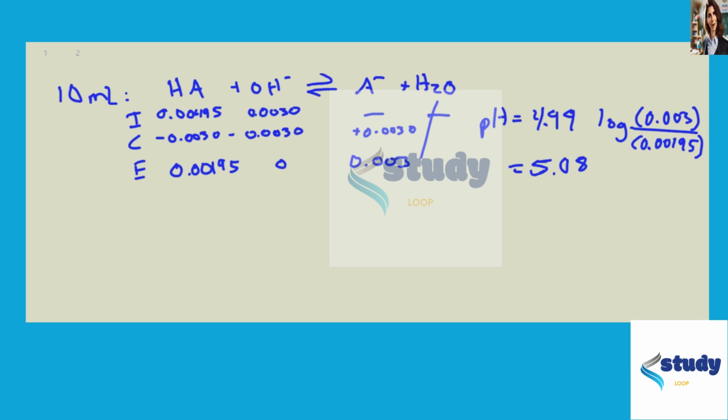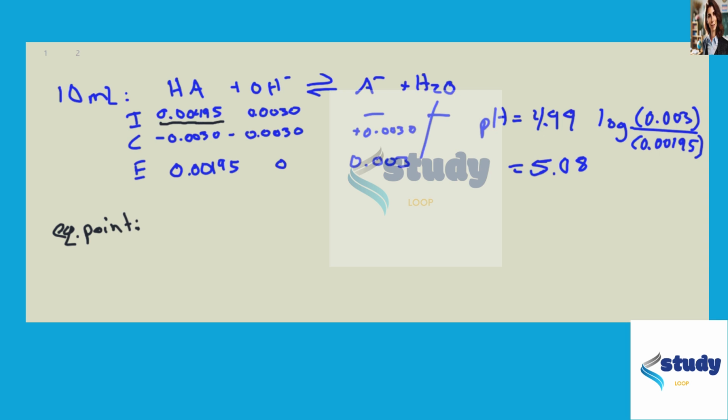The next point that it asks us to calculate is the equivalence point. At the equivalence point, what we need to check first is the volume that we need to reach the equivalence point. To reach the equivalence point, the volume we're going to need has to match this number of moles from hydroxide.